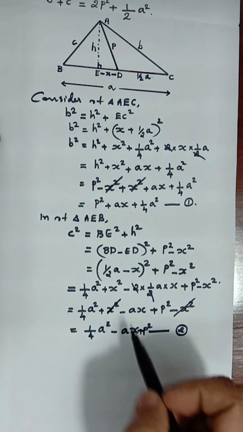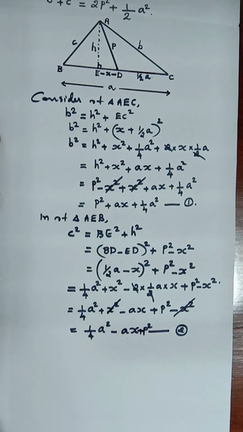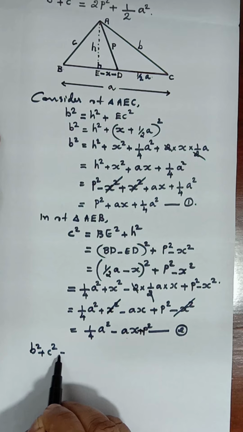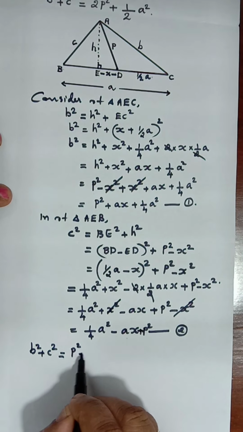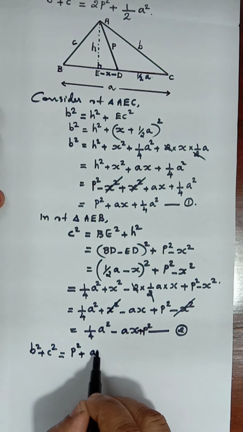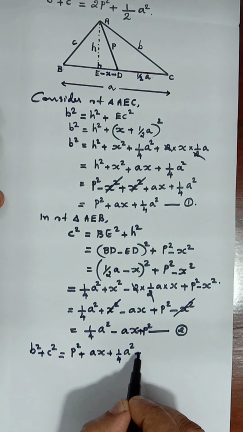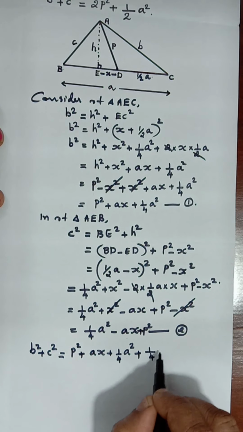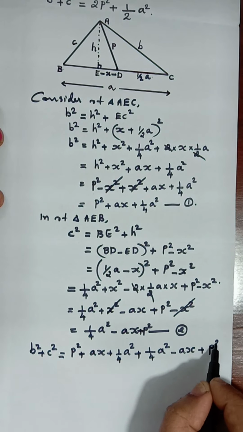Okay, so both we got B square as well as C square. So let us write the left hand side. We have B square plus C square. That's what we are going to write. B square is P square plus AX plus 1 by 4 A square plus, now comes C square, 1 by 4 A square minus AX plus P square.